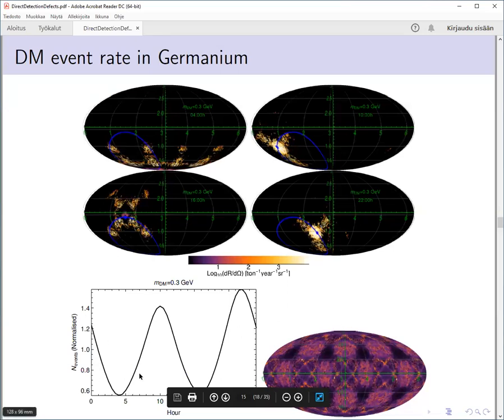And this plot shows the variation of the event rate throughout the day due to the dark matter wind scanning different regions. So you assume your crystal is a monocrystal oriented in a certain way in the lab frame, and as the lab rotates with the Earth, the dark matter wind is scanning the crystal from different sides, and you see a modulation in the event rate.